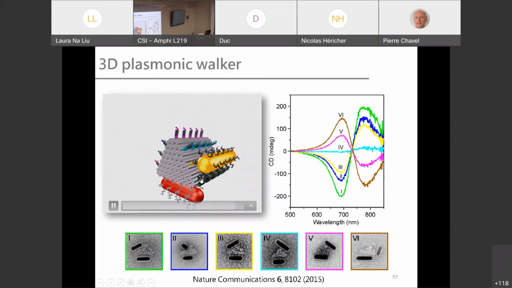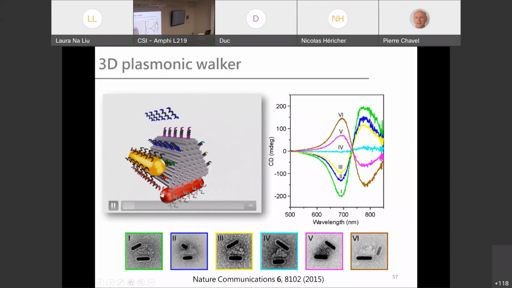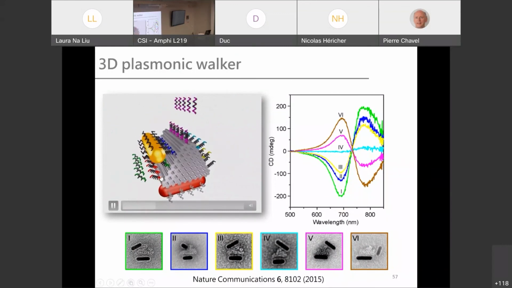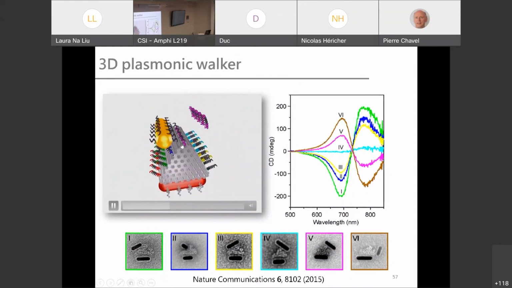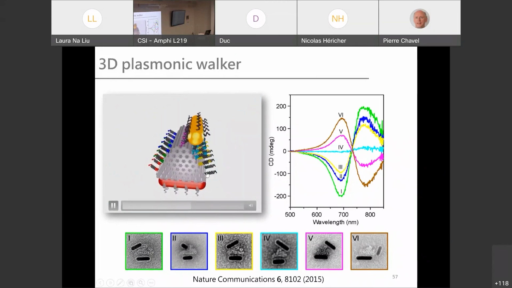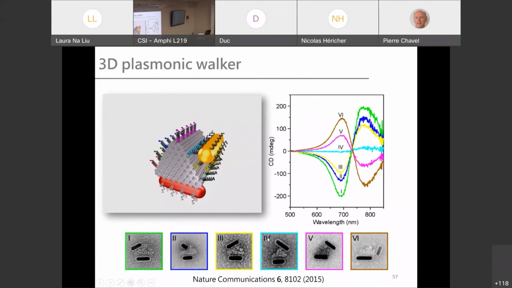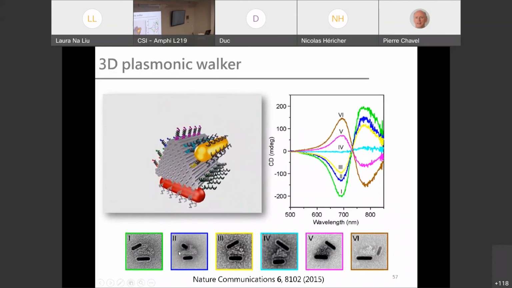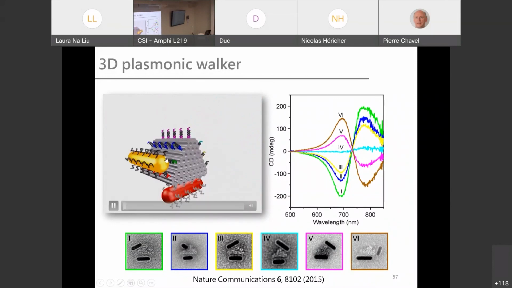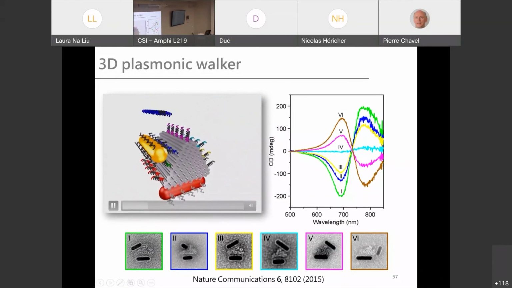For instance, in this case, the gold nanorod can walk on the 3-dimensional prism, and it starts from this side by crossing the peak over there, and then it goes to the other side, and then we can monitor the CD change in real time as well. And below you see the TEM images, which correspond to the different stations. So this is the walking mode.